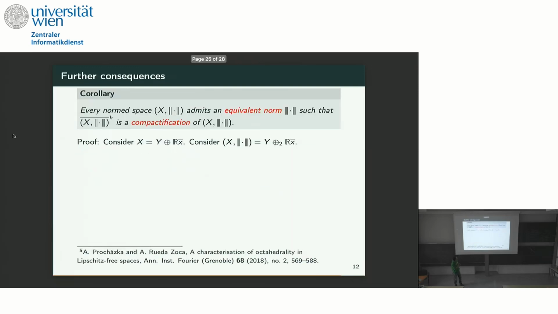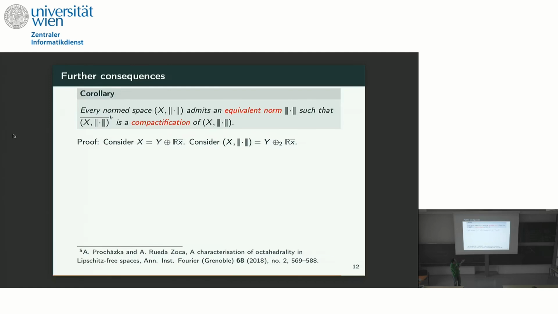And there are more things. When I said that the Horofunction extension is sensitive to the distance, or sensitive to the norm, here it becomes clear. Because actually we prove that every normed space admits an equivalent norm such that its Horofunction extension is a compactification. How to do it?